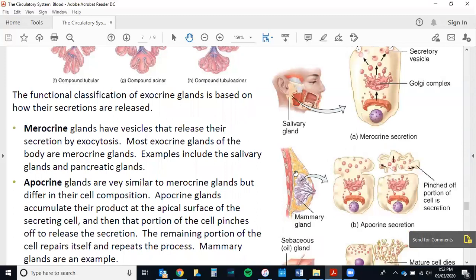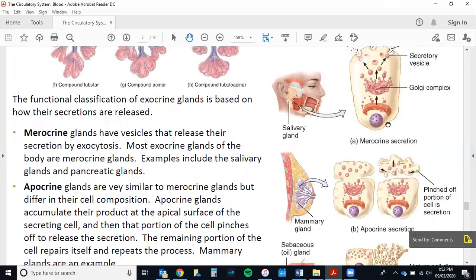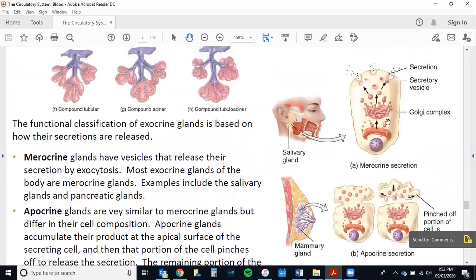Down at the bottom is a description of how we classify exocrine glands based on their function, which relates to how they release their secretion. There are three functional classifications. The first shown here is illustrating a merocrine gland, like our salivary gland in our cheek. The key feature here is we produce a substance.